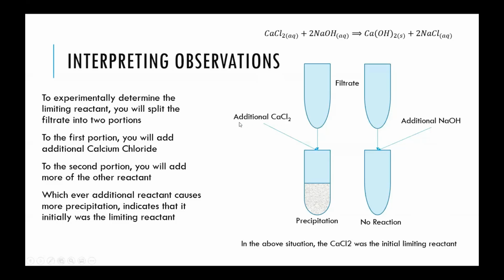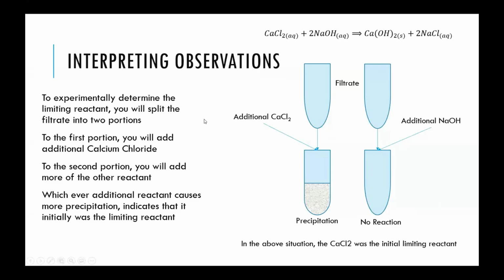If you add additional calcium chloride and there is a precipitation reaction, that means there were already excess sodium hydroxide ions within that liquid. So when you added extra calcium chloride, there was a precipitation reaction. You can conclude from these sets of reactions what the initial limiting reagent was when you mixed them together in the first place.